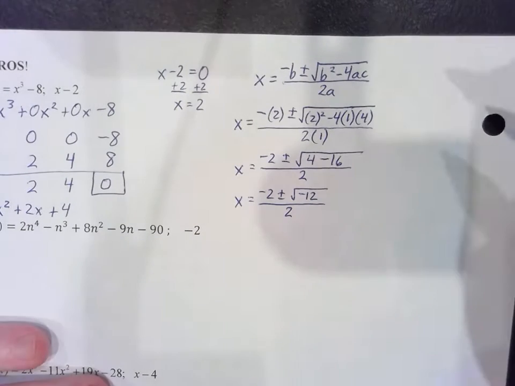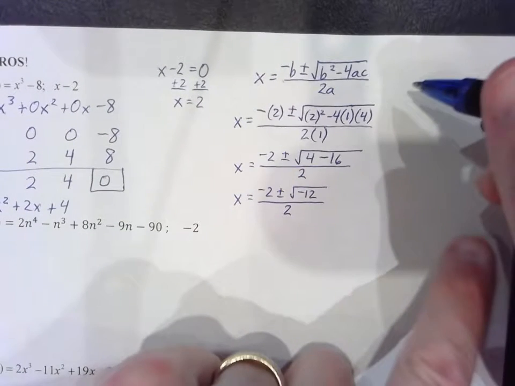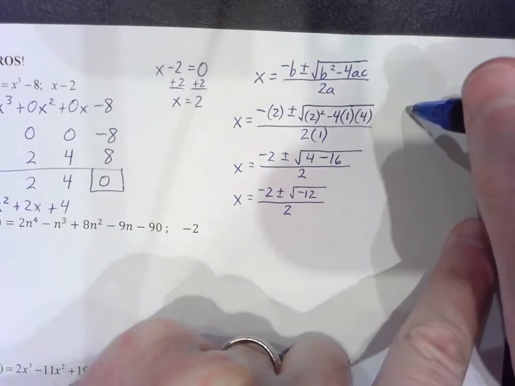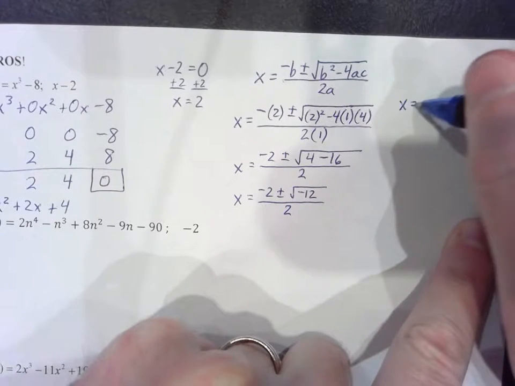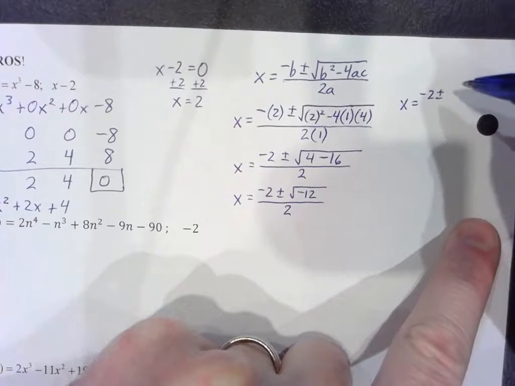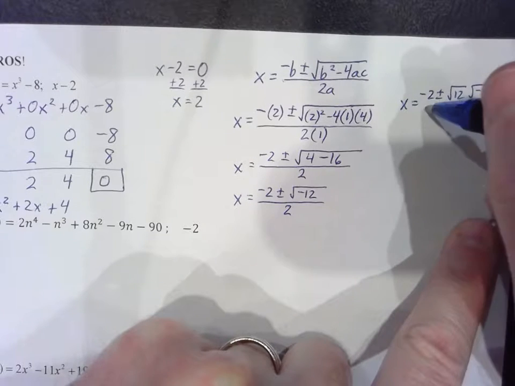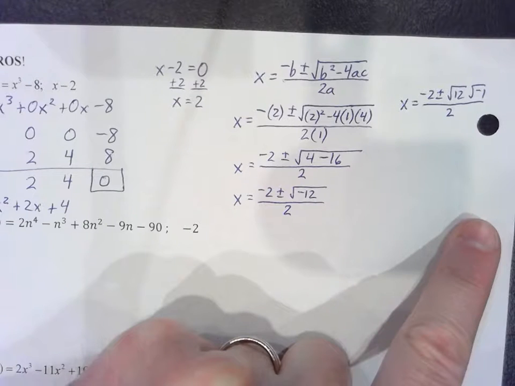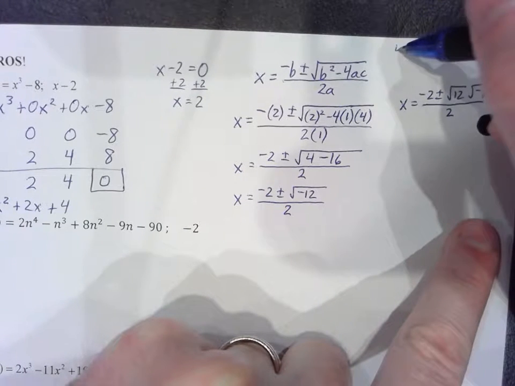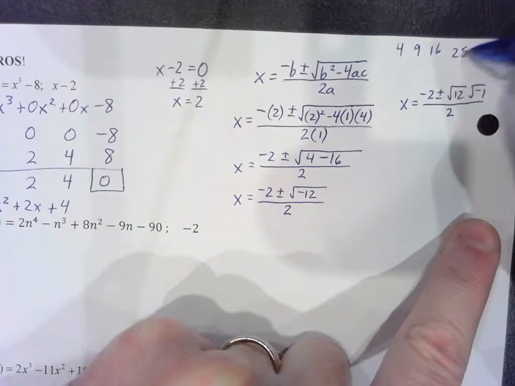As we go to the next step, I want to take out the i, the square root of negative 1. So negative 2 plus or minus the square root of 12 times the square root of negative 1. Now for the square root of 12, are there any perfect squares that go into 12? Think 2 squared, 3 squared, 4 squared, 5 squared, 6 squared, 7 squared.